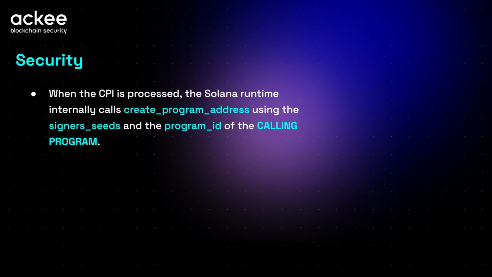This is actually a security consideration. When the CPI is processed, the Solana runtime internally calls create program address using the signer seeds specified and the program ID of the calling program. This is the important part: the calling program. So if your PDA is derived from some seeds, then the bump and the program ID, this is often, or always, the program ID of your program.